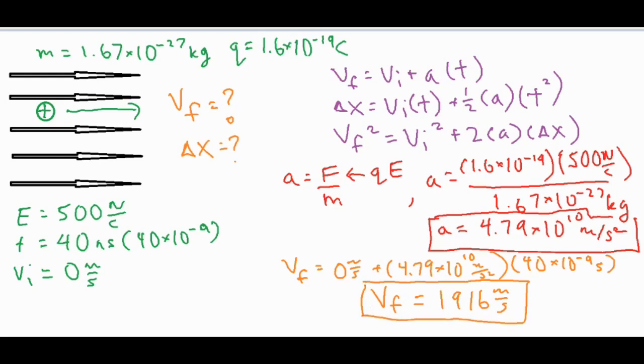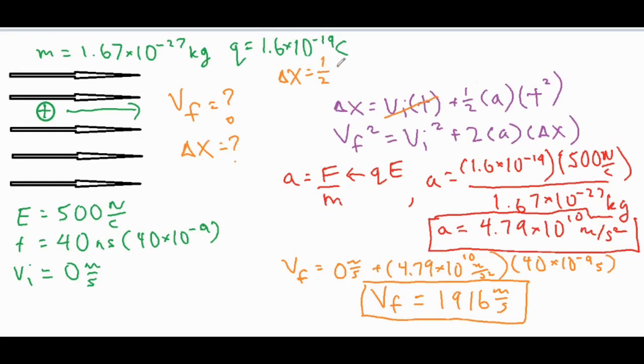Now for our final unknown variable, we can go ahead and solve for our delta x. We could use the second or the third formula. I'm going to choose to use the second one because I won't have to do any rearranging. It's already set equal to our delta x. So for this one, why don't we clear a little bit of space right above it? If we set that up, we have delta x equal to, and we don't need the VI times t because our VI is 0 anyways.